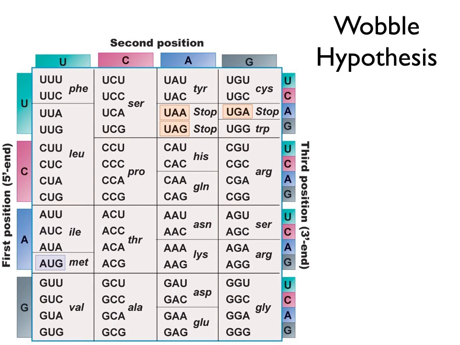And for the most part, if you look here, what codon position is able to change and the codons still code for the same amino acid? What you will see is that for the most part, the third codon position can change.